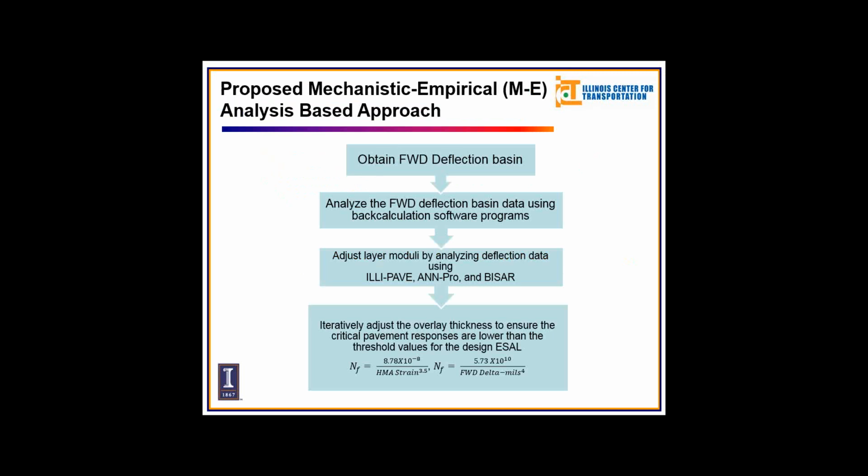After we obtain our FWD deflection basin, we analyze this deflection data to back-calculate the layer moduli values. Then we adjust the layer moduli by analyzing the deflection data, and we use ILLI-PAVE, ANN Pro and Visor. Then we iteratively adjust the overlay thickness to ensure that the critical responses are lower than the threshold values for the design. And here are the 2 damage models that we're using in this analysis.